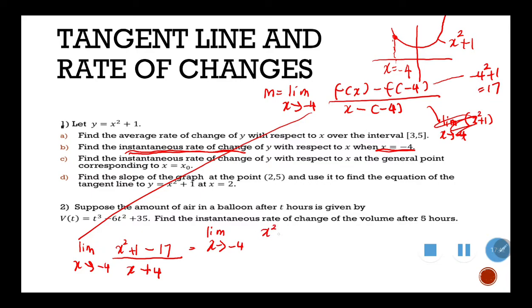So x squared minus 16 over x plus 4. Now as you see this equation, can you manipulate it? Of course you can.